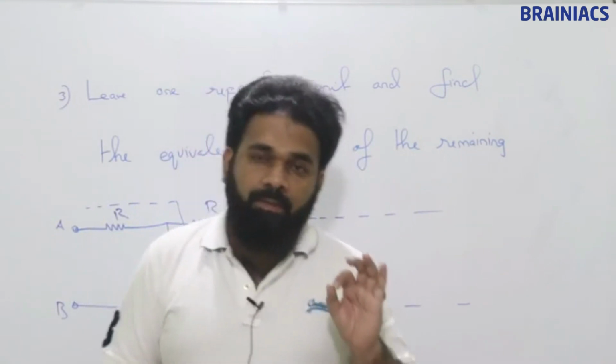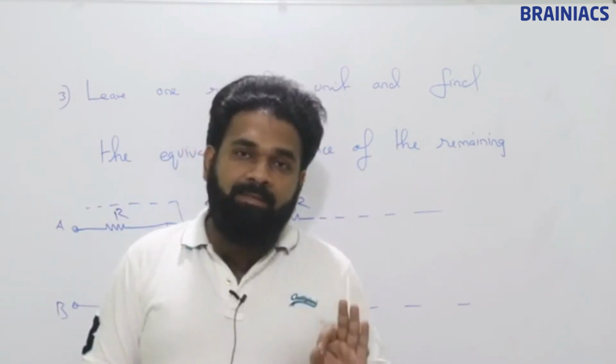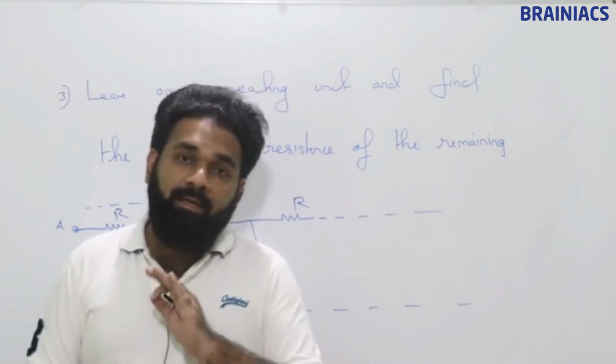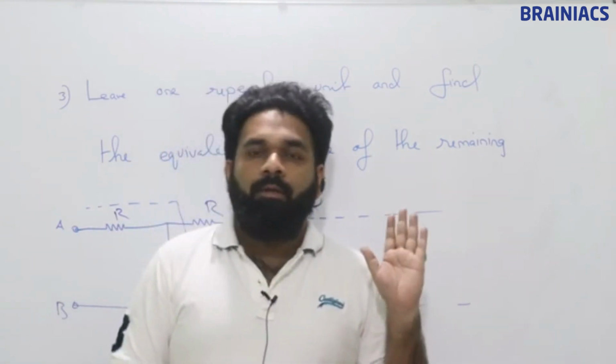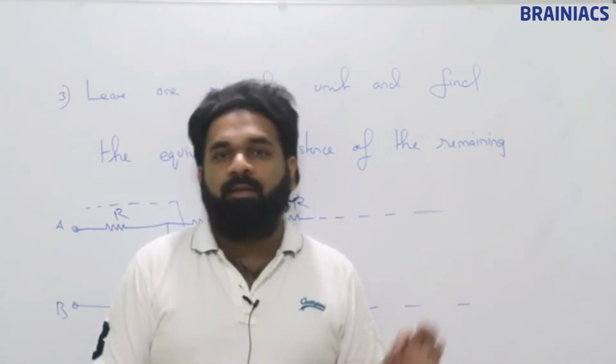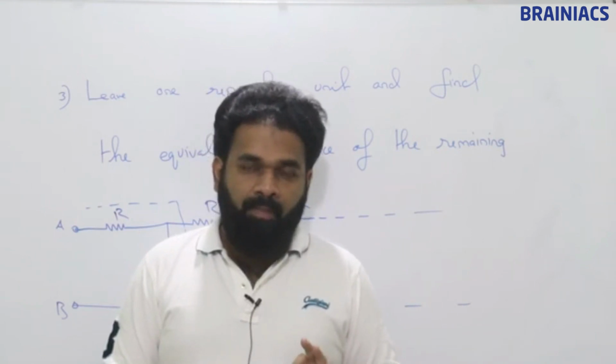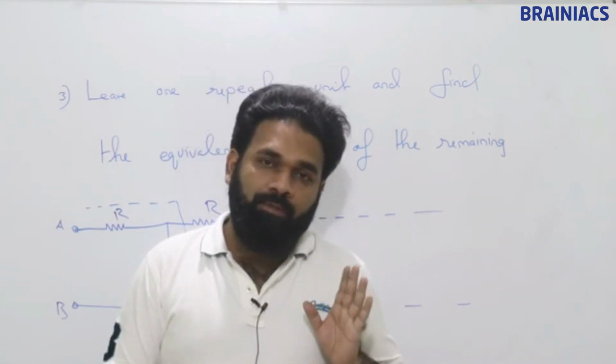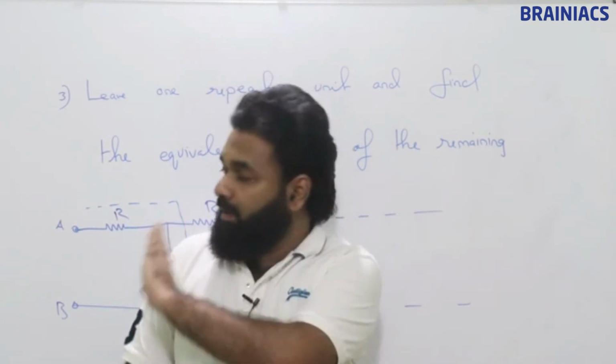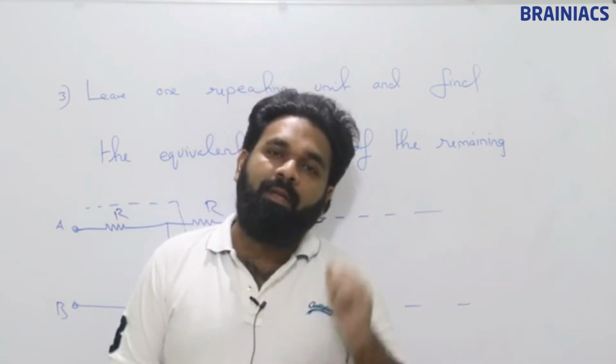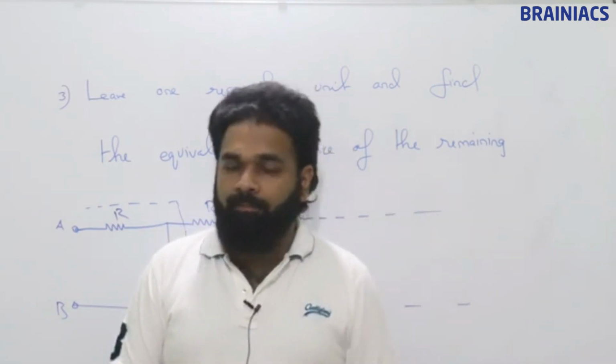First step was, consider the resistance of the whole infinite network as X. Then find the repeating unit. Third step is, leave a repeating unit, then find the resistance of the remaining.